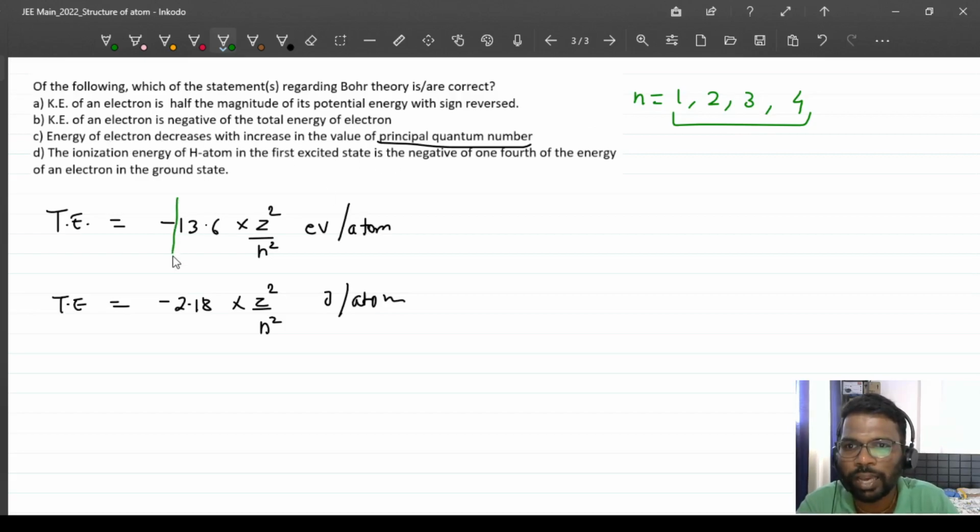Magnitude wise, if this were not negative, then this statement would be true. But the energy is negative.